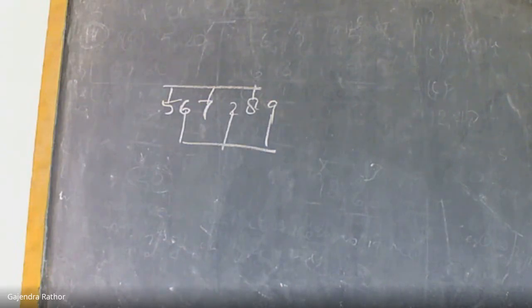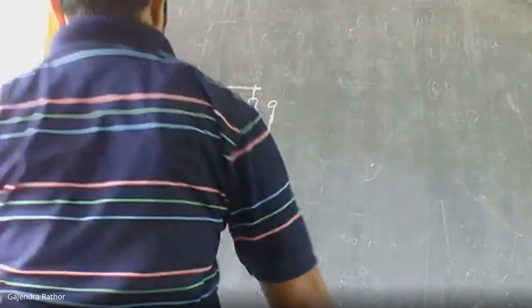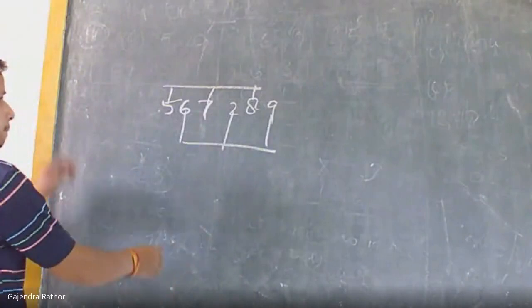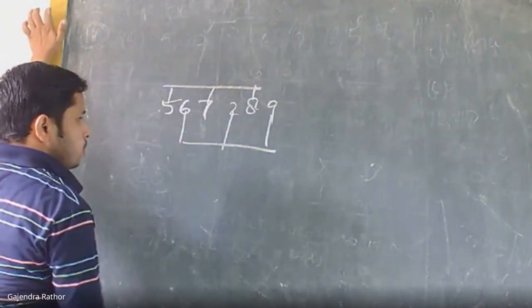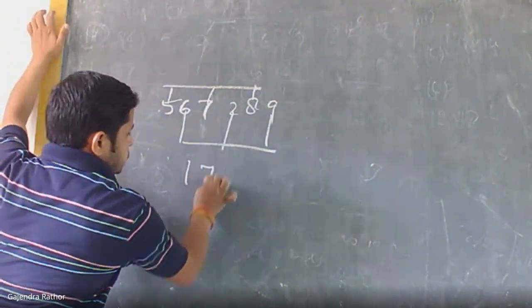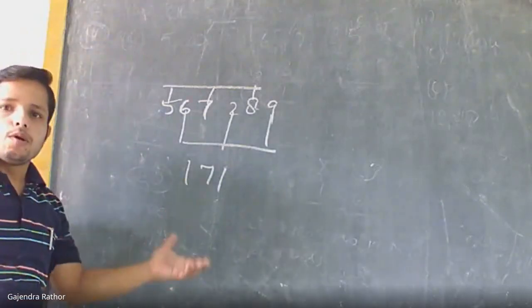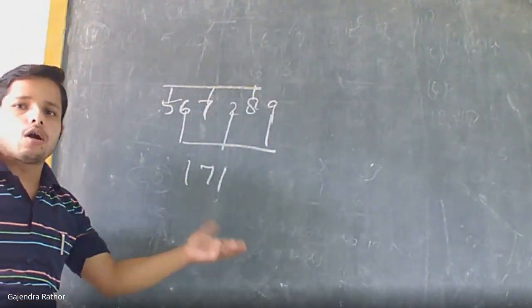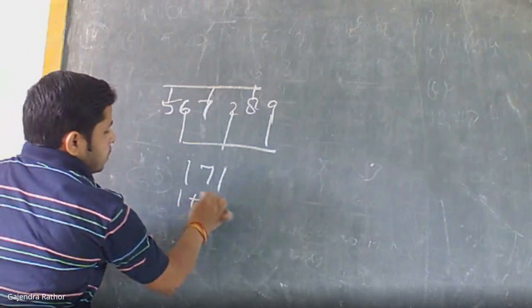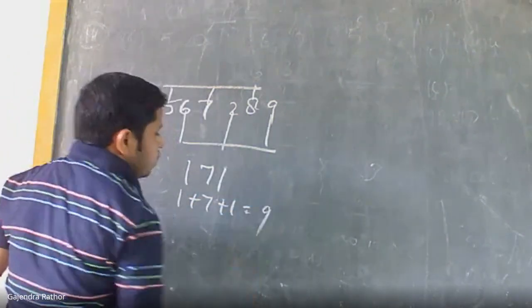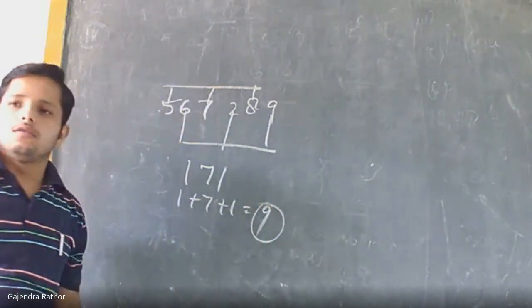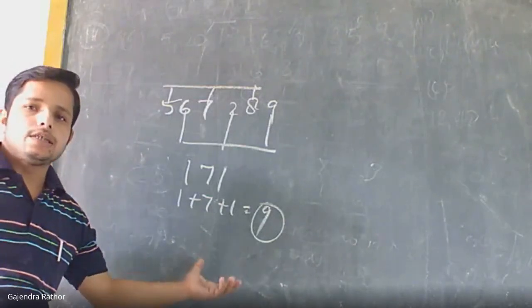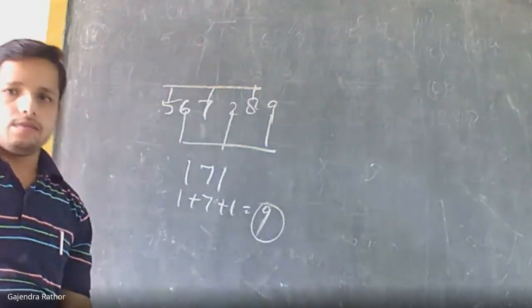Which number should we check the divisibility by 9? Okay, this is 171. We have to check whether this is divisible by 9 or not. Find the sum: 1 plus 7 plus 1 is equal to 9. So the sum is 9, which means the number is divisible by 9.